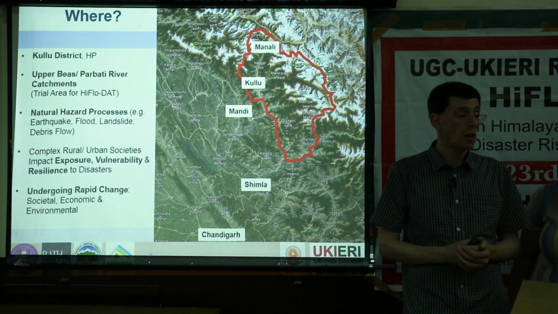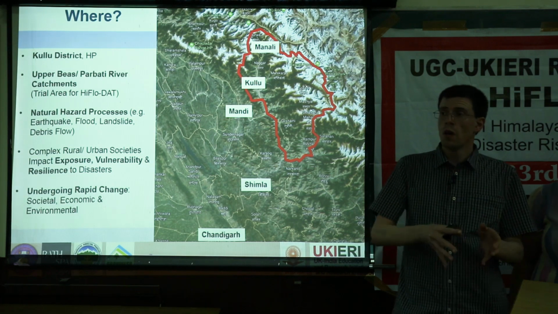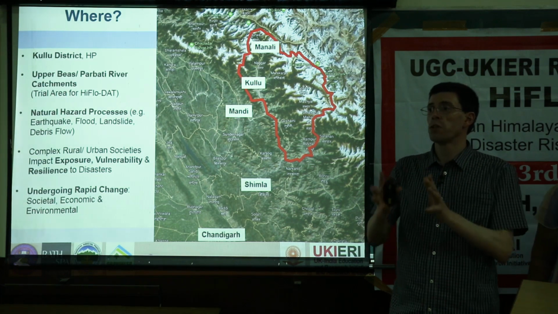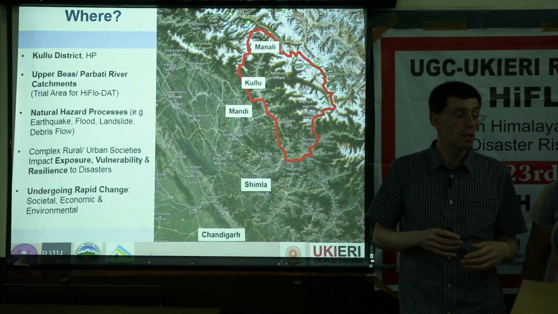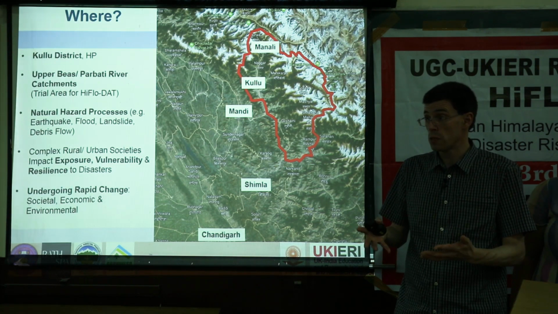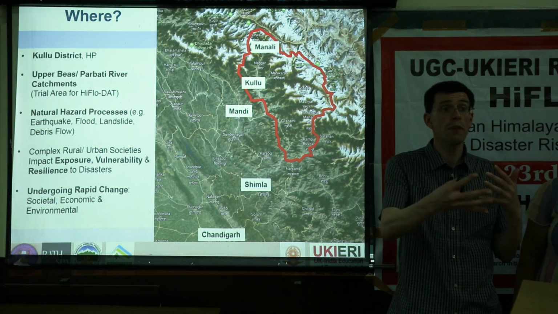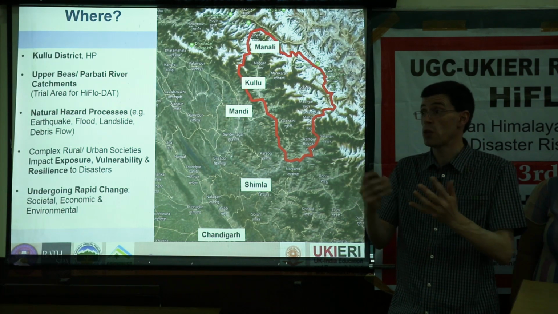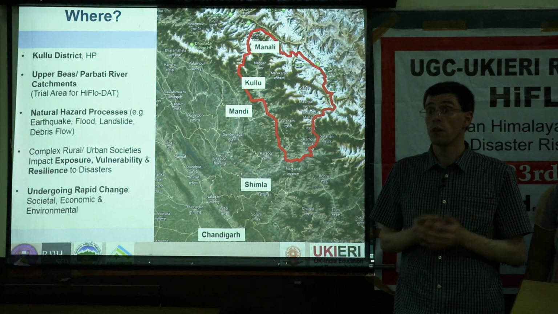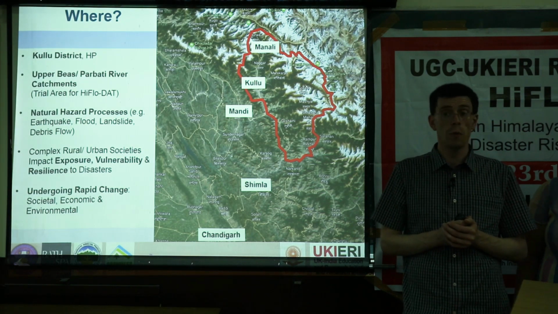So they're indeed examples. And all that is important in the context of society because communities are exposed to these processes. And of course, different people have different vulnerability to these processes. So the social dimensions and the economic dimensions are equally important as well.